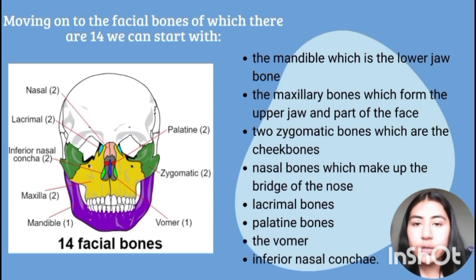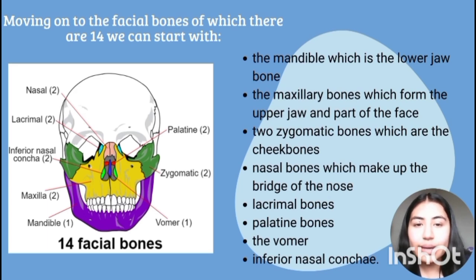Moving on to the facial bones, of which there are 14, we can start with the mandible, which is the lower jaw bone. Then there are the maxillary bones, which form the upper jaw and part of the face.